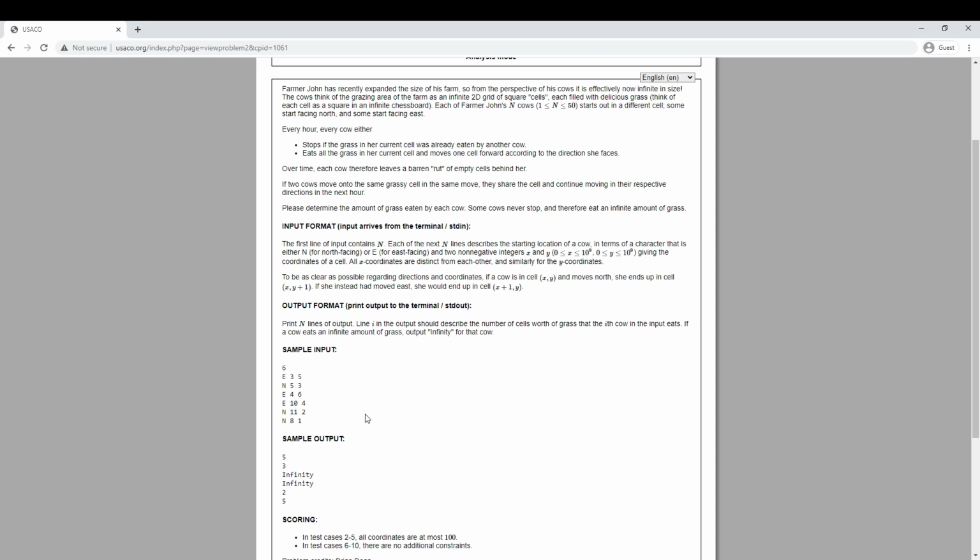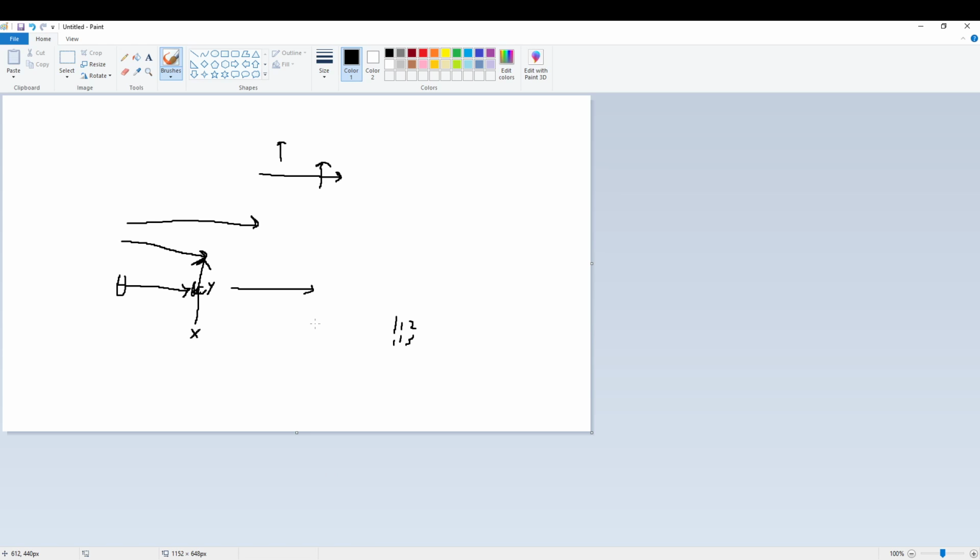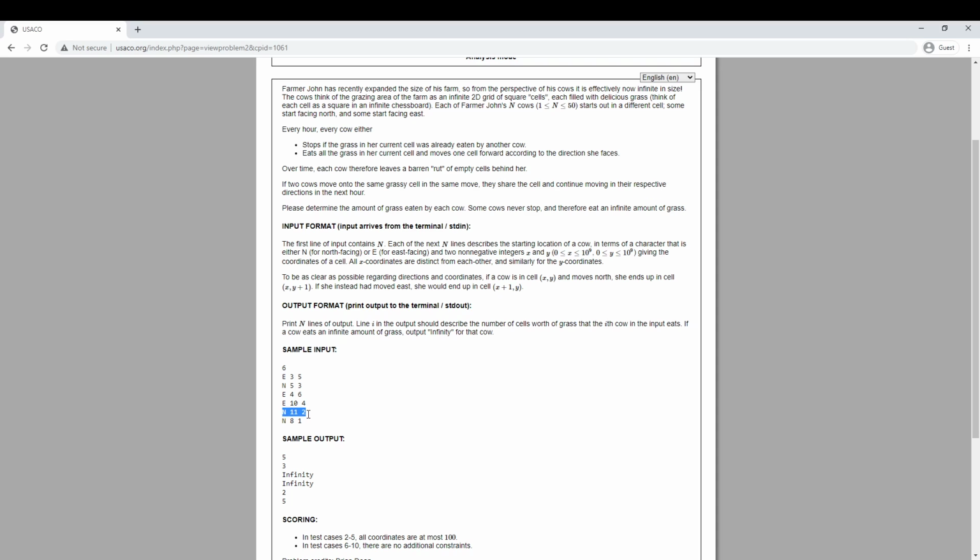This cow might be blocked by another one. Interesting. Huh. Problem is harder than I thought.